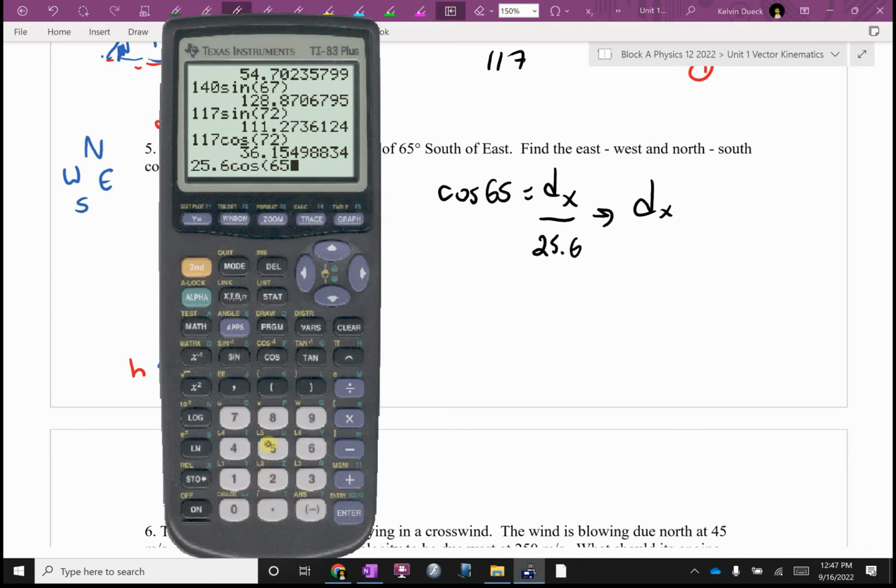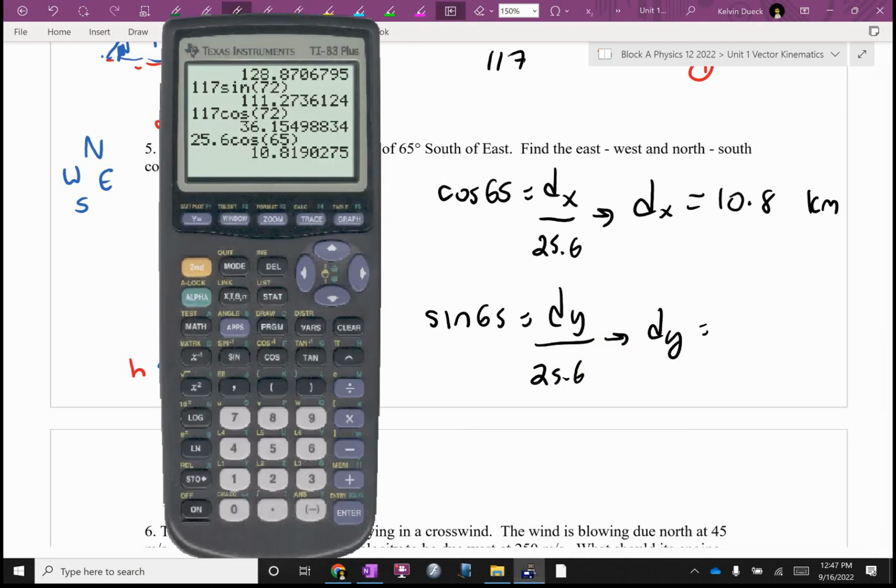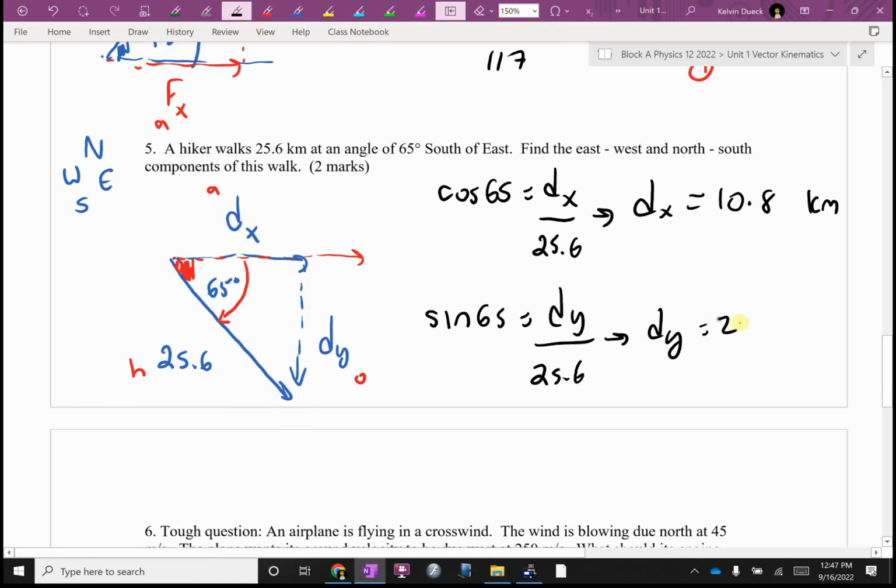And I'm pretty sure the answer is 10.8. I'm pretty sure the other one's going to be sine, and that's kilometers. Sine 65 equals dy over 25.6. 23.2 kilometers. 1 mark for each of those.